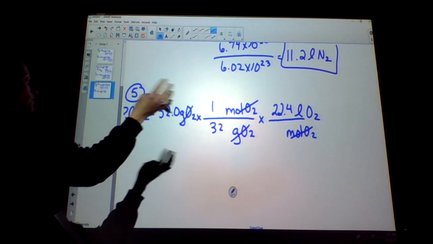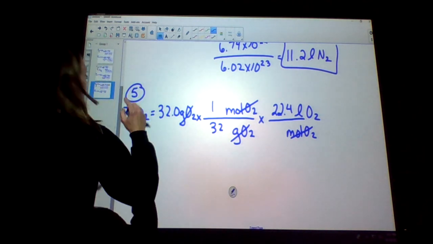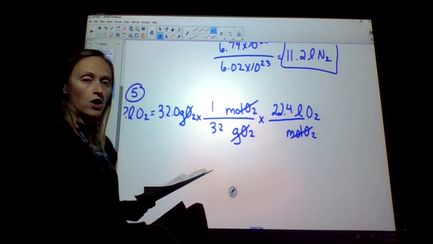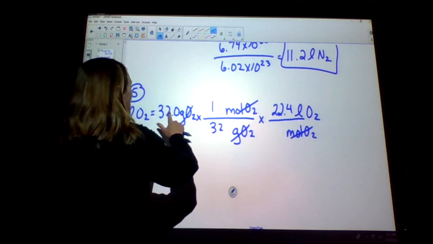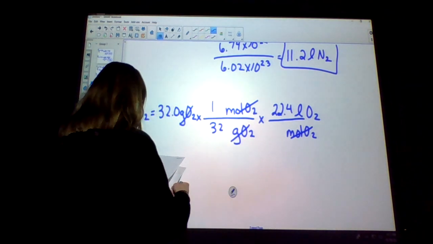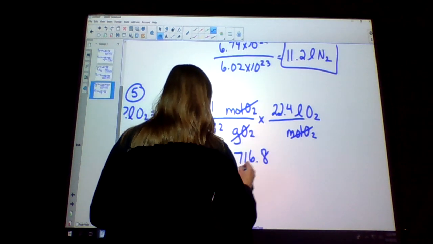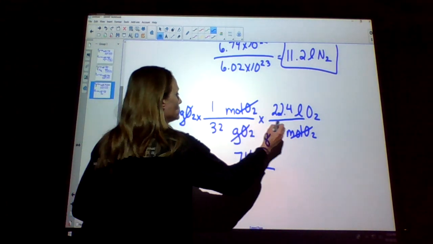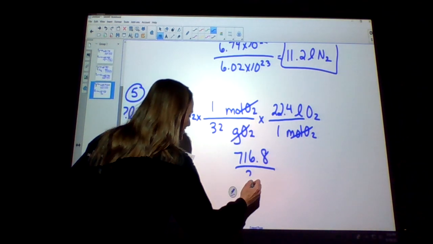So I know we can reduce some of this to get our answer to 22.4, but again, they're not always going to work out this simple where we can reduce to get our answer. So we'll take 32 times 1 times 22.4, and we end up with 716.8. And then we take 32 times, oops, I forgot to put my 1 in there, times 1, which is 32.